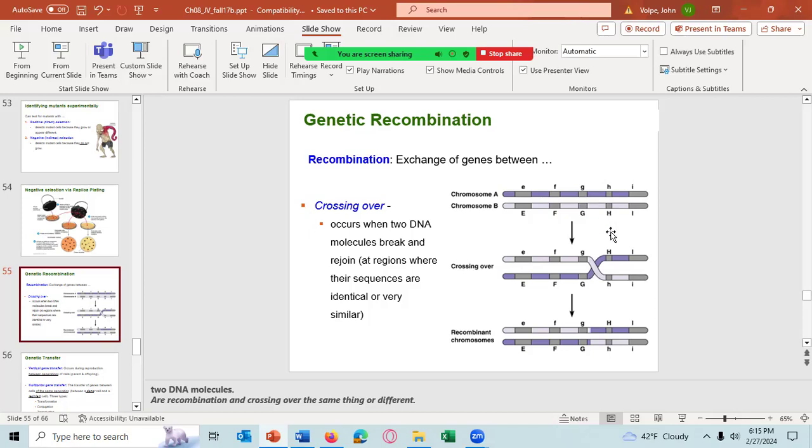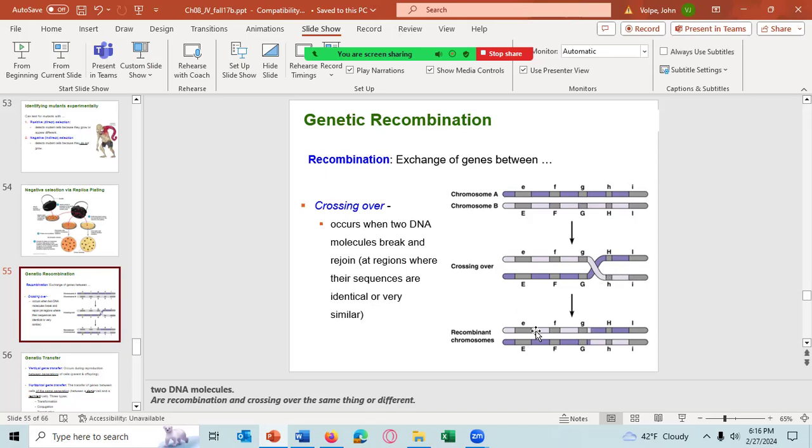chromosomes pair up. And then they cross over like this, and then they break right here, where now the father's chromosome, which is the lowercase here, the color's changed, is now lowercase e, lowercase f, lowercase g from the father's chromosome, and then capital H, capital I from the mother's chromosome.